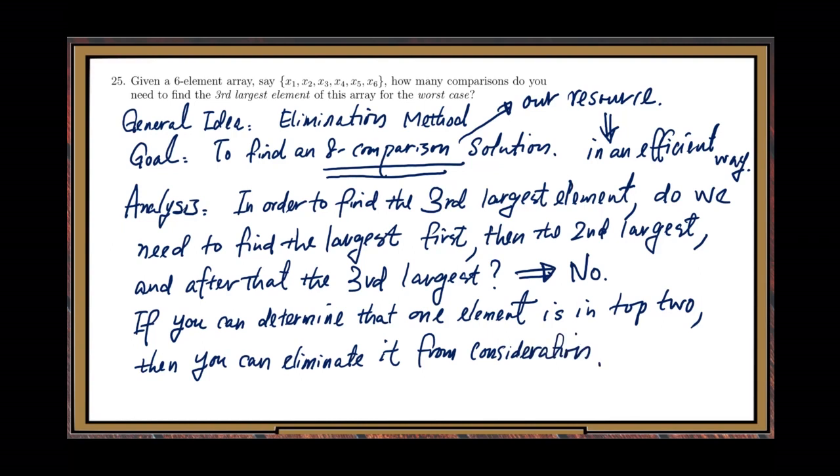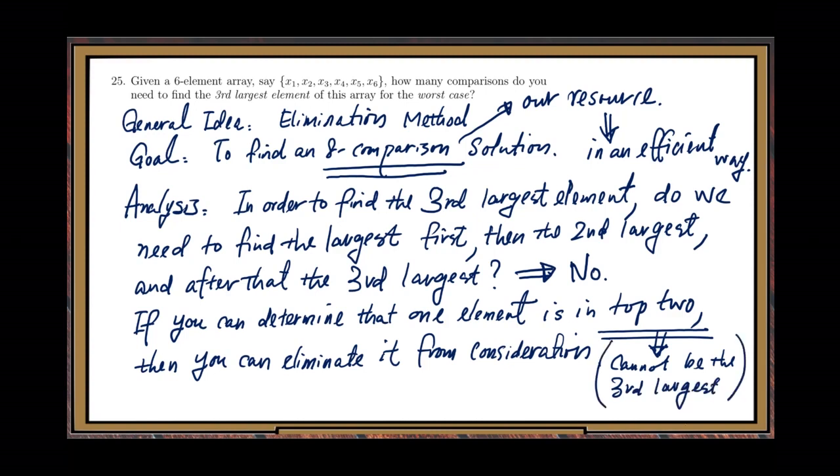It's in top 2. So that's simple. If you can determine one element among the top 2 cannot be the third largest, you can eliminate it safely.